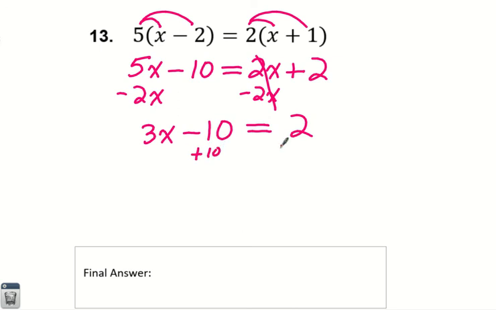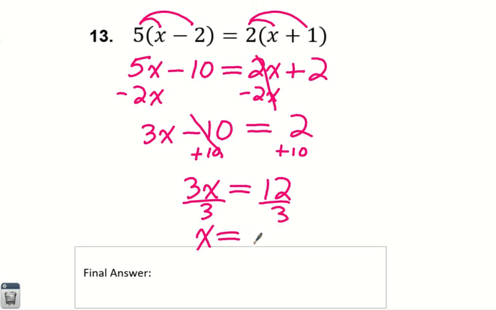Add 10 to both sides. So 3x would equal 12. And when we divide both sides by 3, we get x equals 4. So we get an answer, x equals 4. And so that means that there is one solution, which happened to be x equals 4.